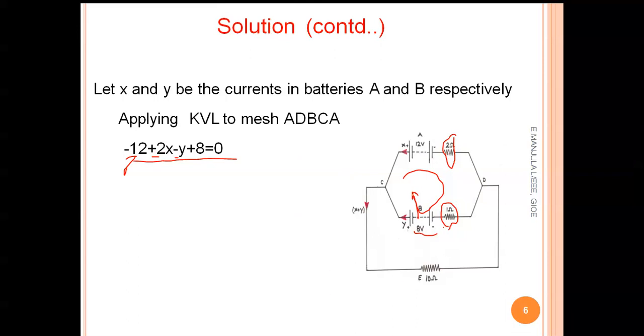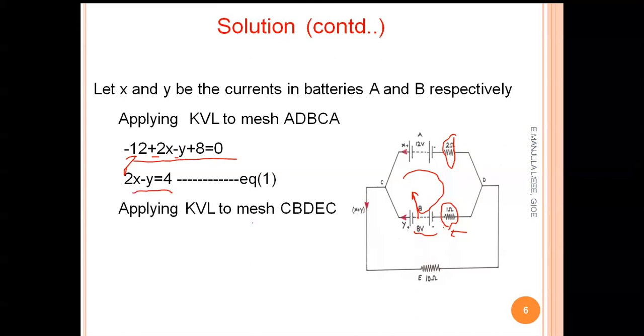And here if you observe, the direction of the current and loop are both the same, so hence it is minus 1y. Then the leaving end of the battery is positive, so it is plus 8, which is equal to 0. This is the way you can remember. And so from this you can write that 2x minus y is equal to 4 as equation 1.